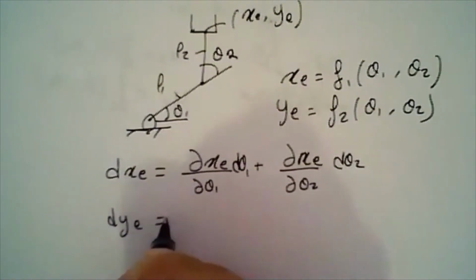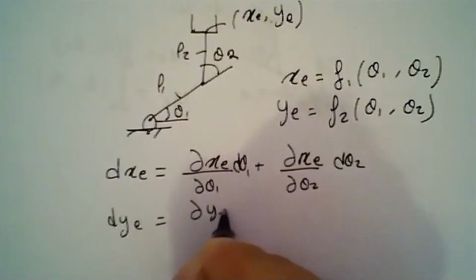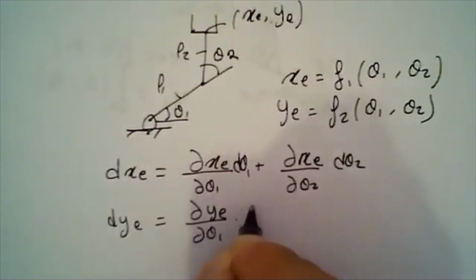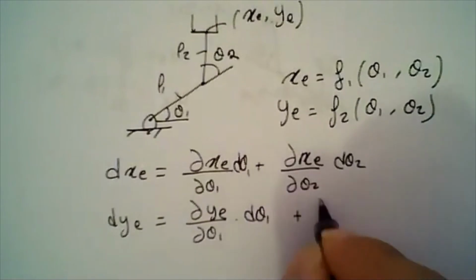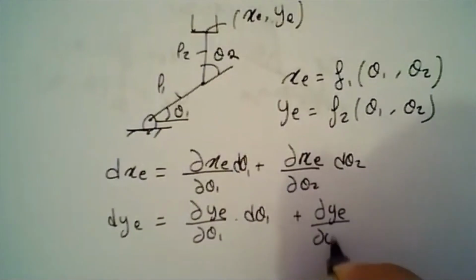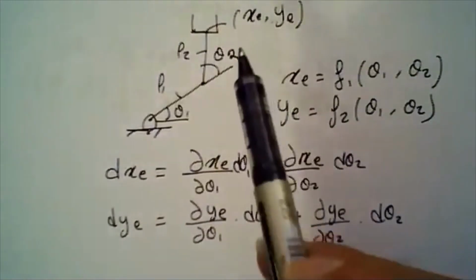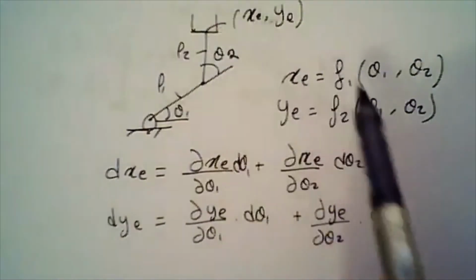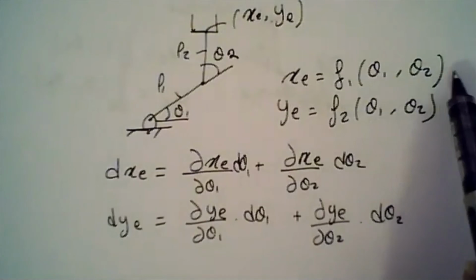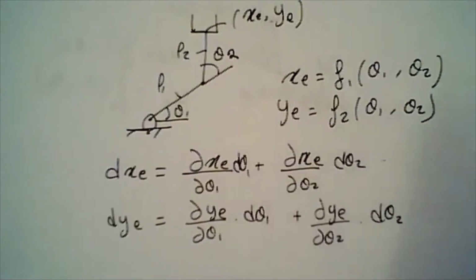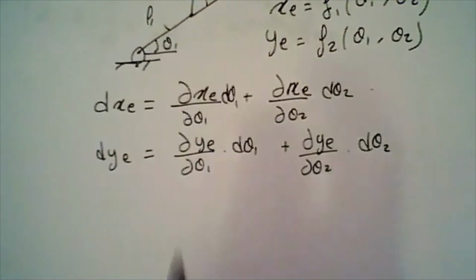And dye is equal to partial ye over partial theta 1 multiplied by d theta 1 plus partial ye over partial theta 2 multiplied by d theta 2. So if this were a 3 degrees of freedom robot, then you would just keep adding more terms to this, right?